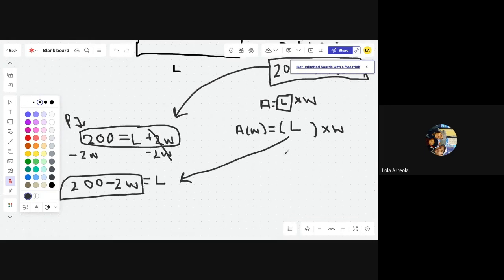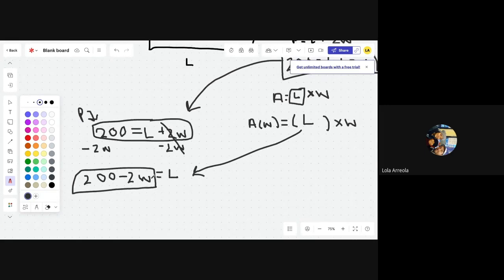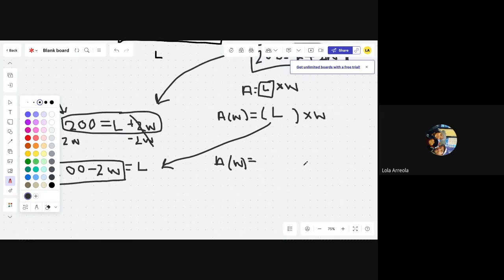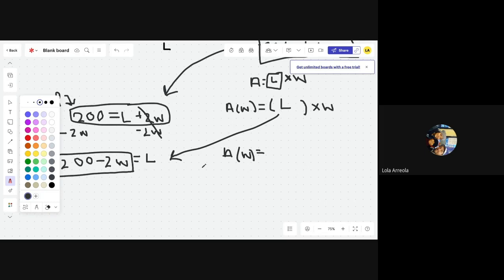Okay, so now that I know L equals 200 minus 2W, I can plug that into my area equation. I still have length times width, but now I have area as a function of W. So instead of L, I'm going to put this guy, because L equals 200 minus 2W, in parentheses, times W. So I'm going to write that next to each other.